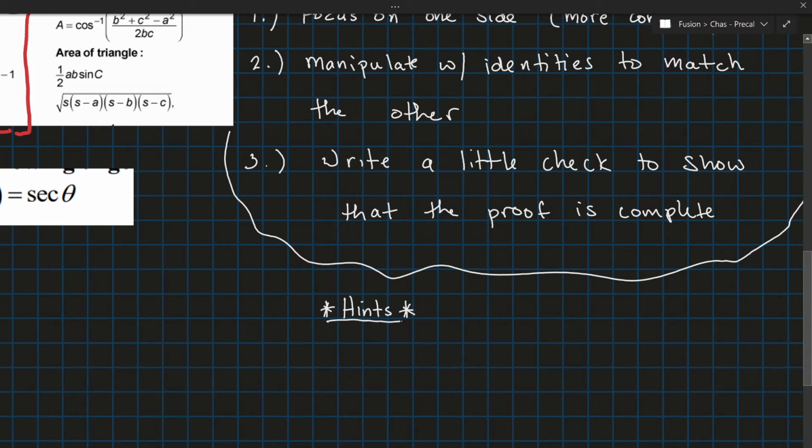All right. So hint number 1. It's often really useful to replace any cotangents and tangents with sines over cosines. Got it.